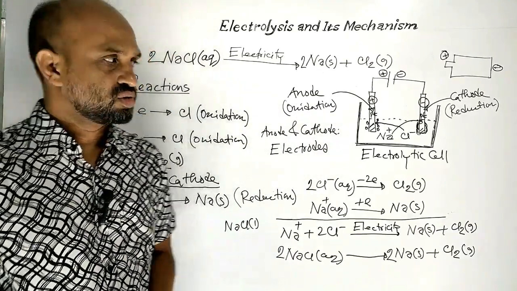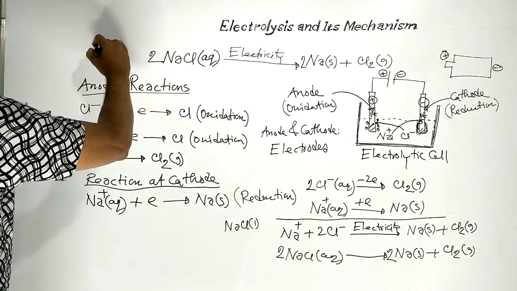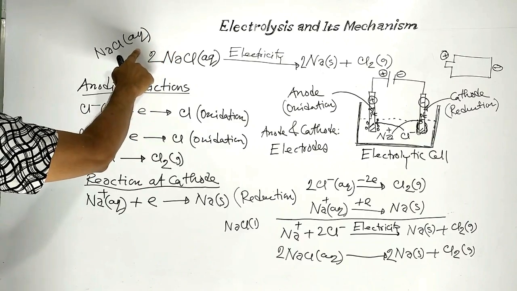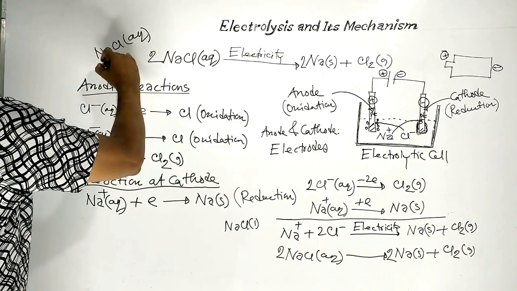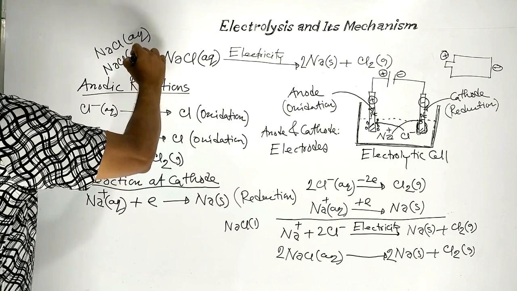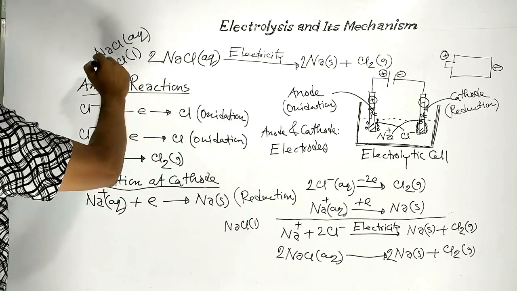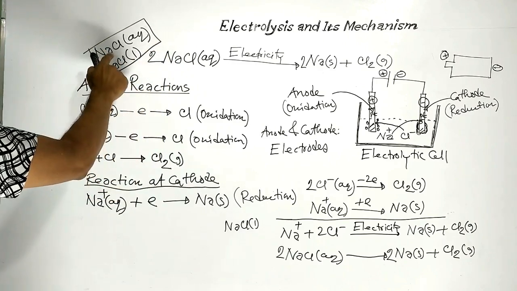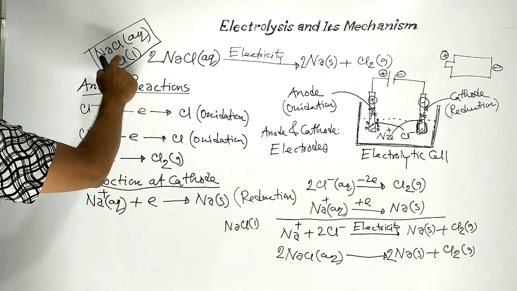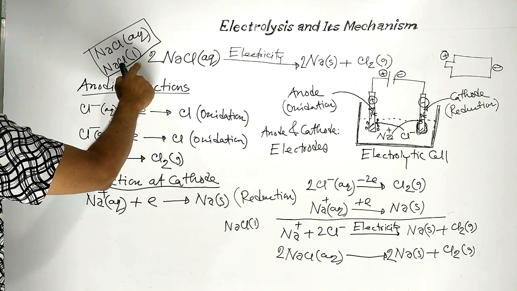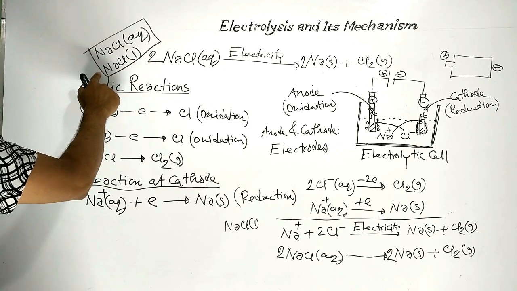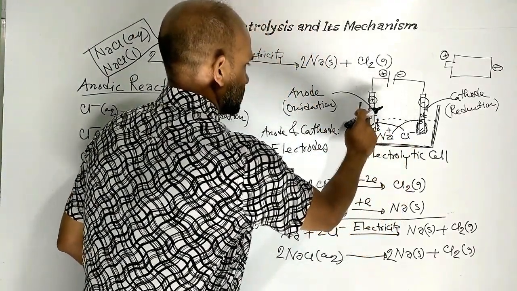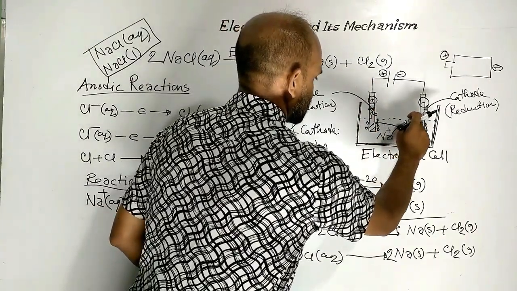Electrolysis is carried out in an aqueous solution of an electrolyte, or at least it should be melted. Electrolysis is carried out in the solution of an electrolyte or in the molten state of an electrolyte. This is because ions move towards the anode and towards the cathode.